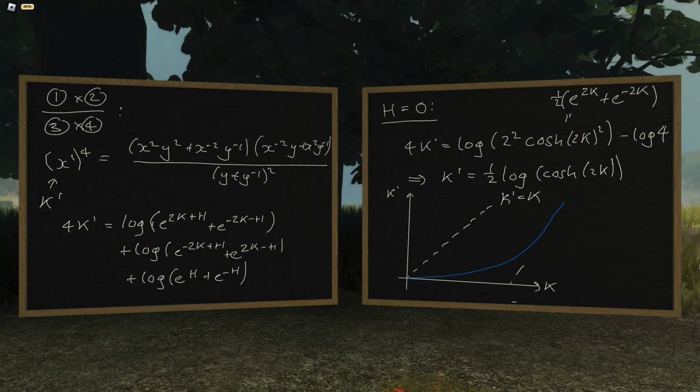So the idea is, if you plot your new parameter k prime against your old parameter k, so say you pick a point along this function, and that's your k prime, then your new parameter becomes k prime, and then you input k prime as your new input, and then you repeat this iteration step.